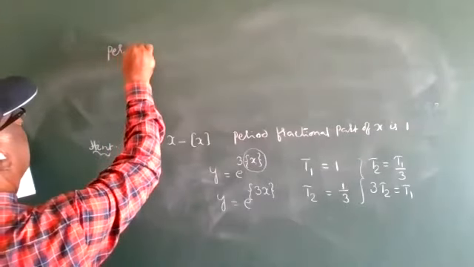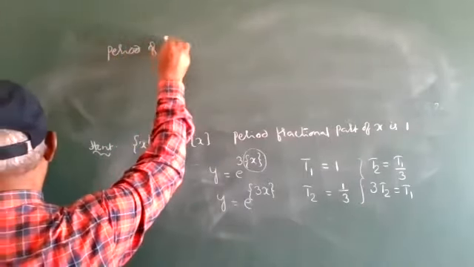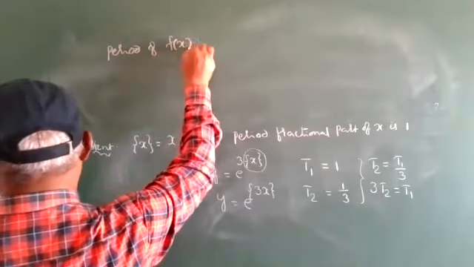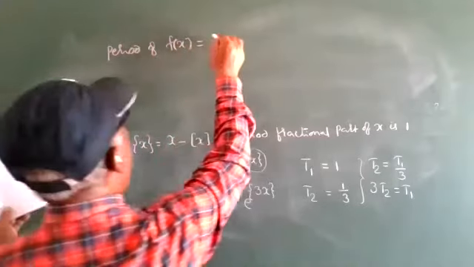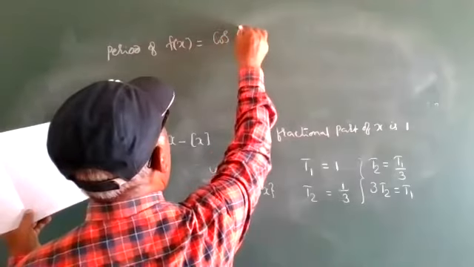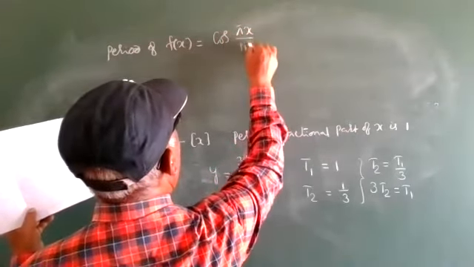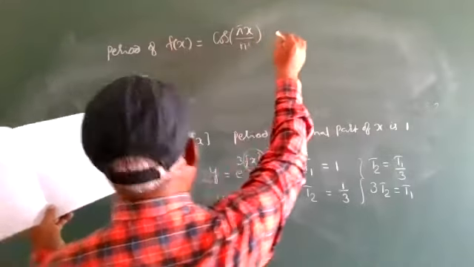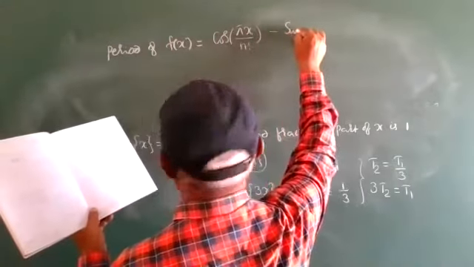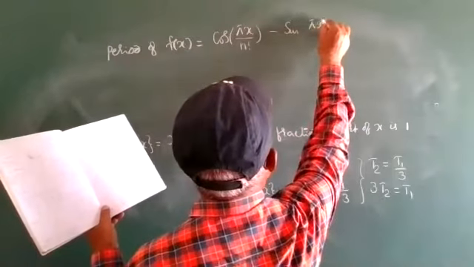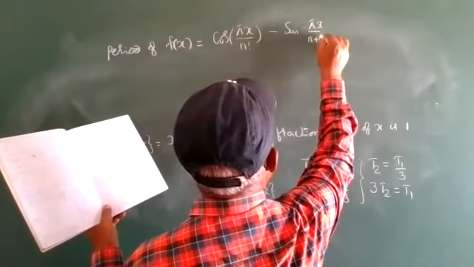Period of f of x is equal to cos of pi x by n factorial minus sine of pi x by n plus 1 factorial.